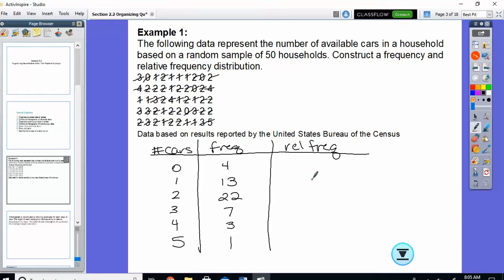Then how do I get my relative frequencies? All right, so 4 over 50, 0.08, 13 over 50, 0.26, 22 over 50 is 0.44, 7 over 50, 0.14, 3 over 50, 0.06, and 1 over 50, 0.02.